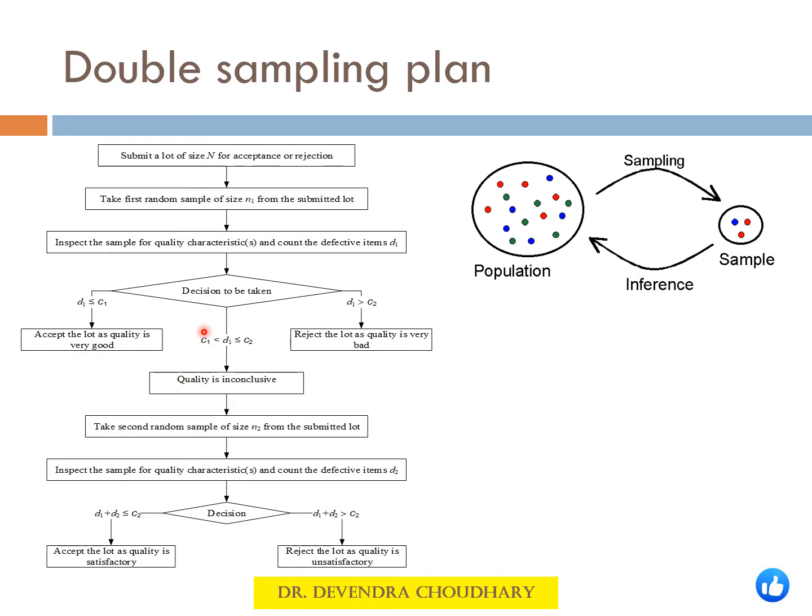Now if the number of defectives found in the first sample is greater than acceptance number C1 but less than or equal to C2, then to decide the fate of this lot, a second sample is taken by the consumer.